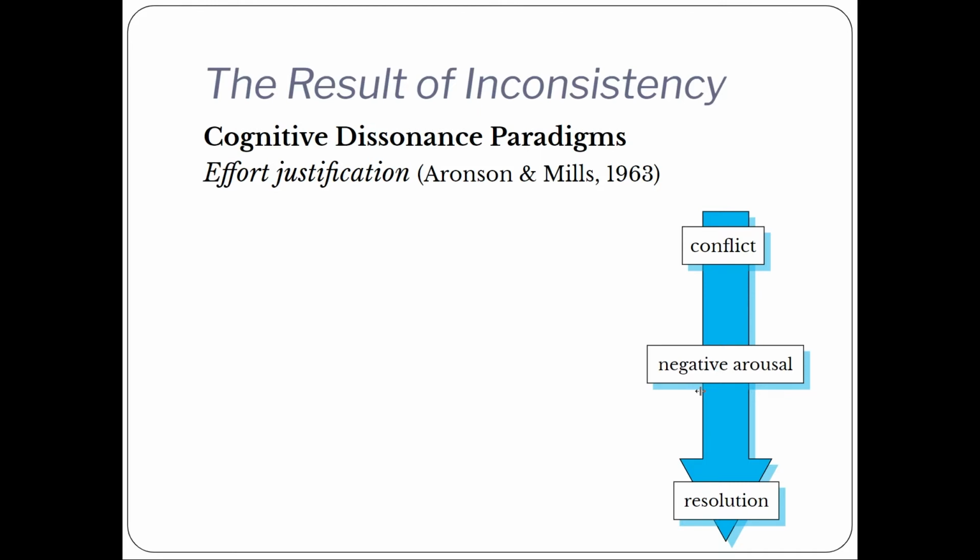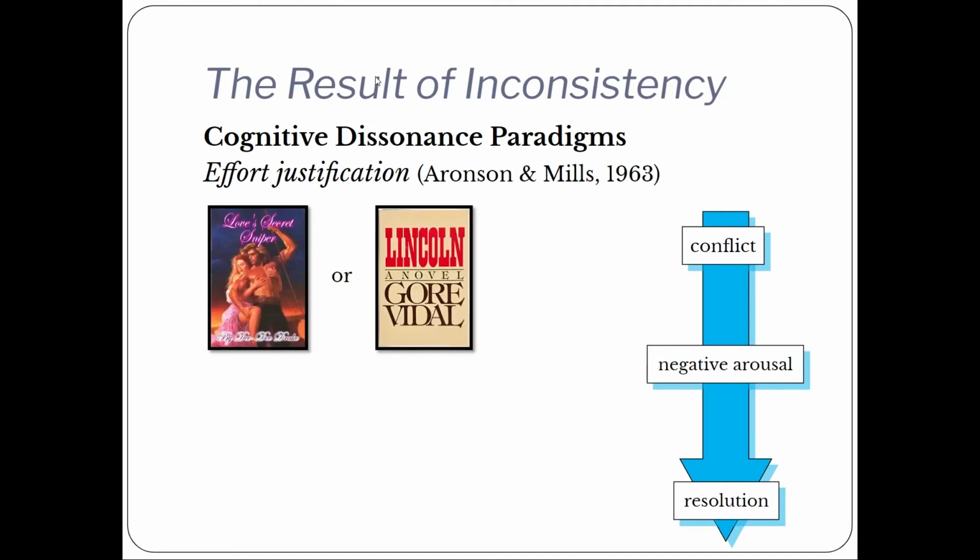So here comes the manipulation. It's called the severity of initiation manipulation. The researcher would vary how hard the initiation would be. Half of the participants would be assigned to read something from a book in front of other people. It's really boring, there's nothing much about it.